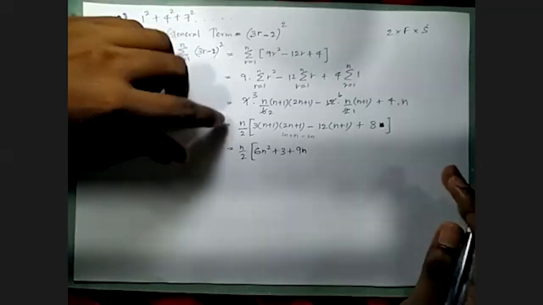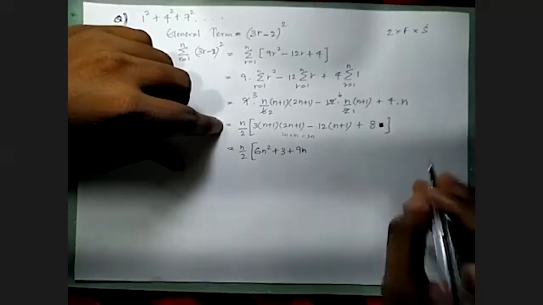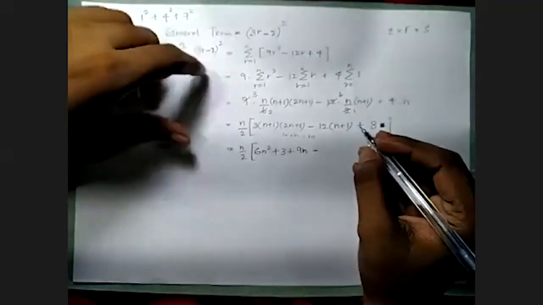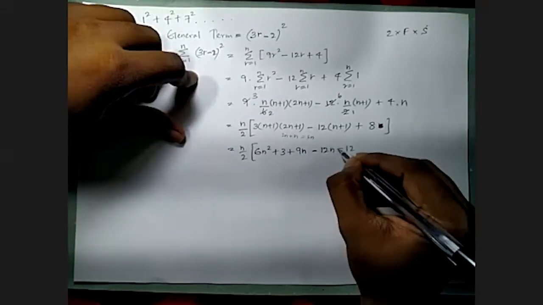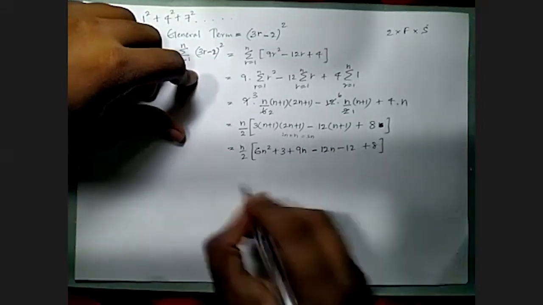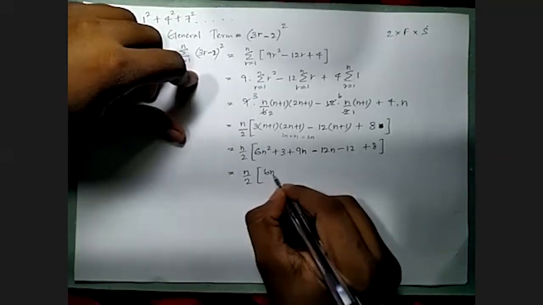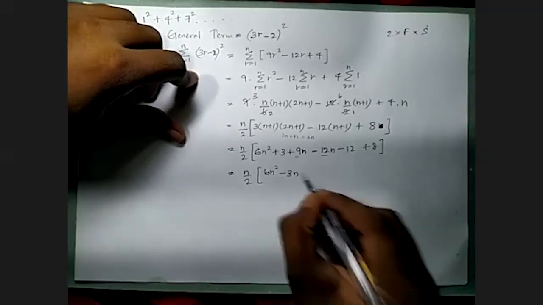Do the simplifications later. Do this simplification if you can't get this directly, because I want to discuss the series thing, not the simplification. 12n minus 12 plus 8. 6n square. When I simplify this, I get minus 3n.